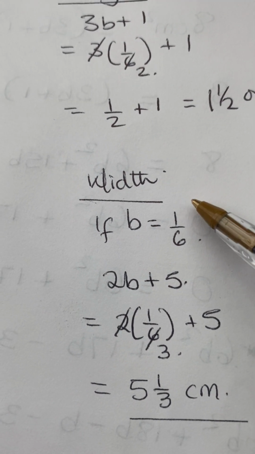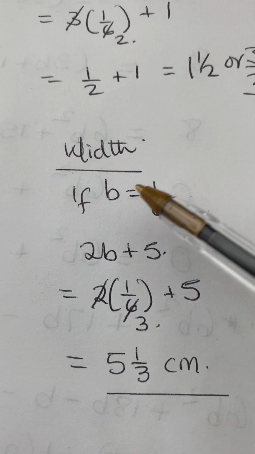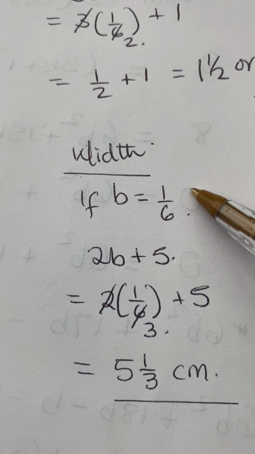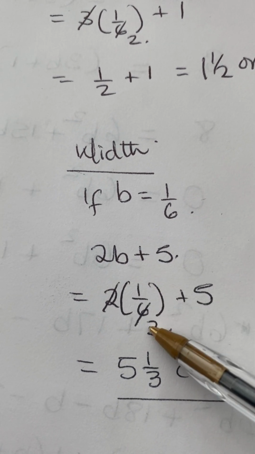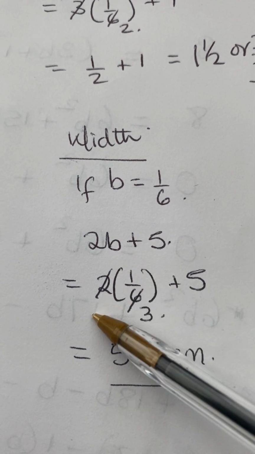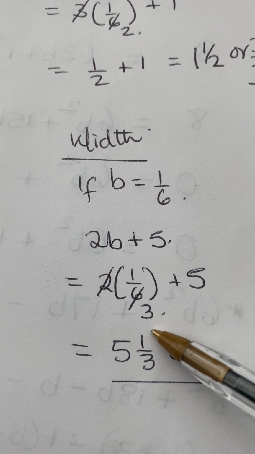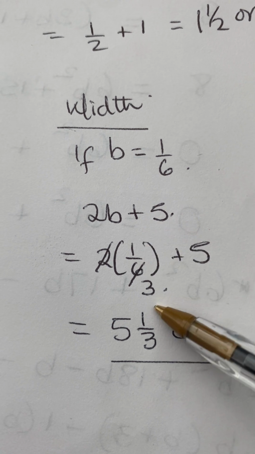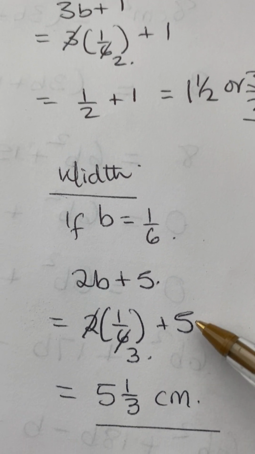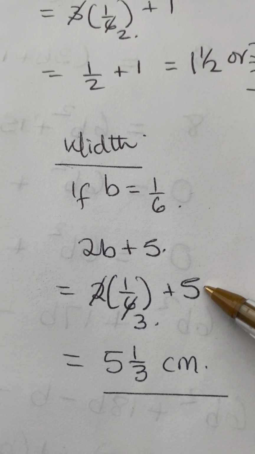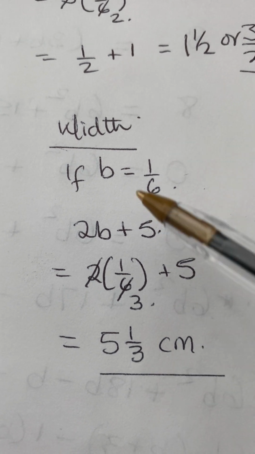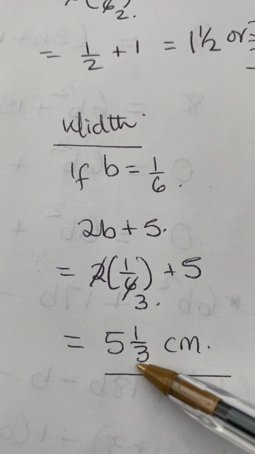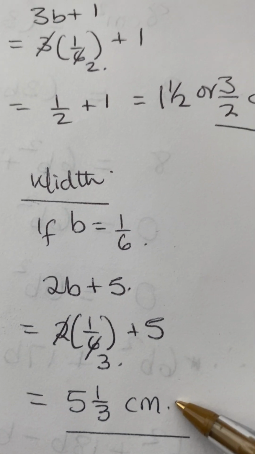Now let's look at the width. B is 1/6. So 2 into bracket 1/6. 2 cancels 3, 6, you get 3. So you have 1/3 plus 5. So here again, your width becomes 5 1/3 centimeters.